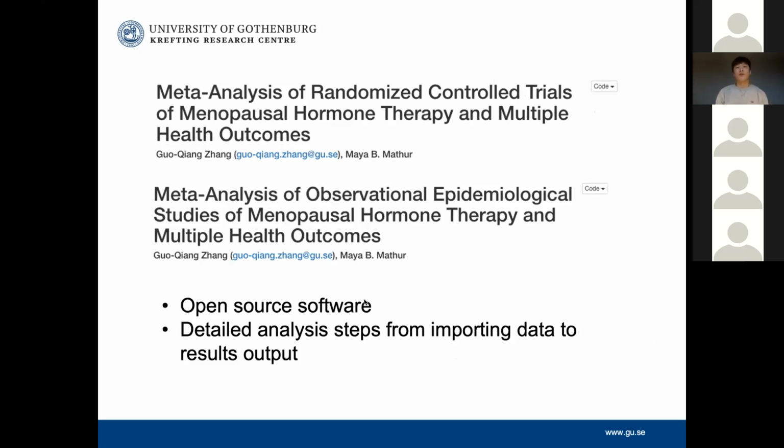And for the analysis, we also considered that if we want to implement reproducibility for other results, then software is also very important. So we used open source software, which is the R software, so everyone can access that. We also provided the analysis code, with a very detailed description of each step from data importing to results output.